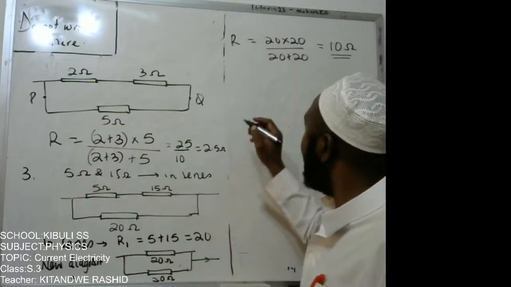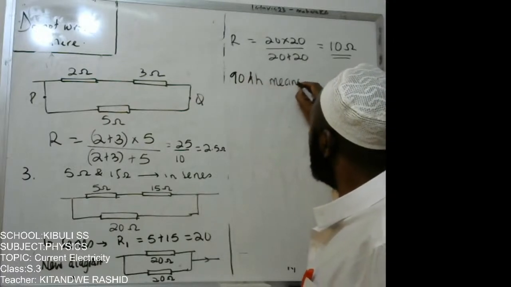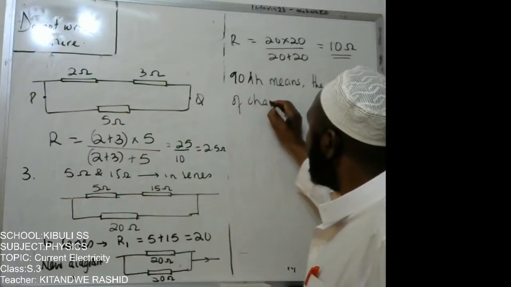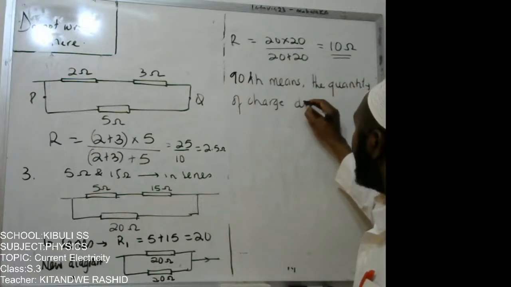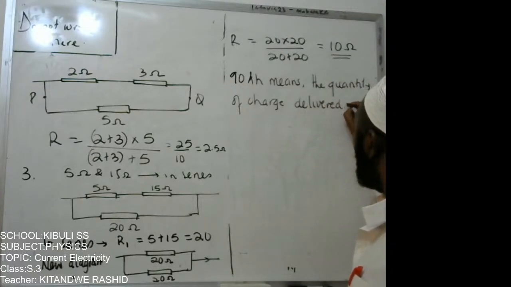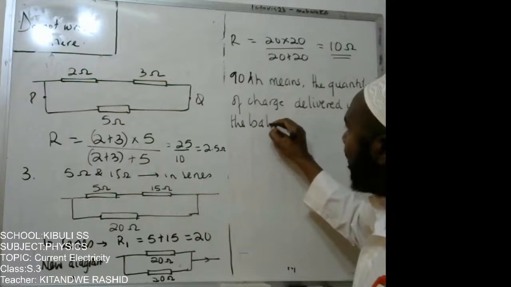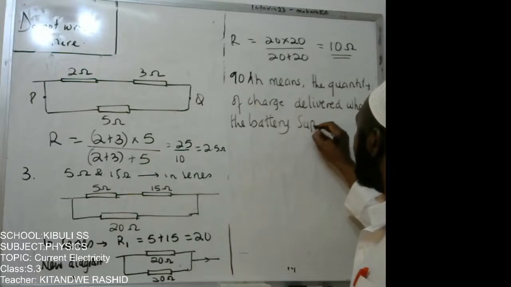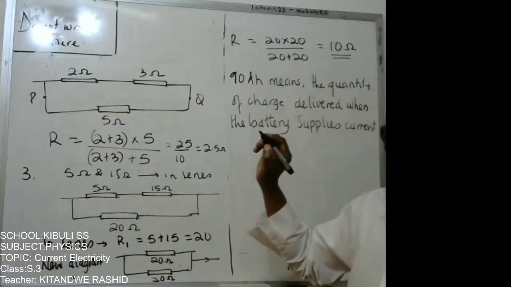I'm saying 90 ampere hour means the quantity of charge delivered when the battery supplies current for 1 hour.